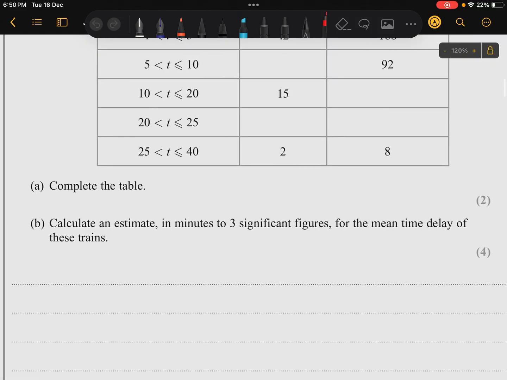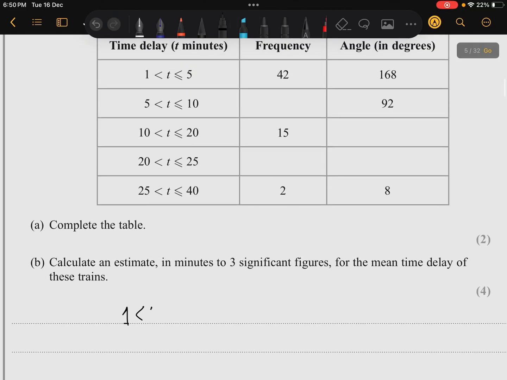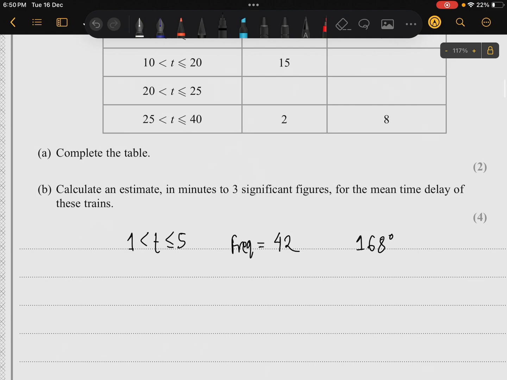So the frequency for the first class is 42. Let's write this down. So frequency is 42, and the angle that represents this 42 number of trains is 168 degrees, right? Now, the total number of outcomes or the total frequency can be considered as x. Let's say it is x.